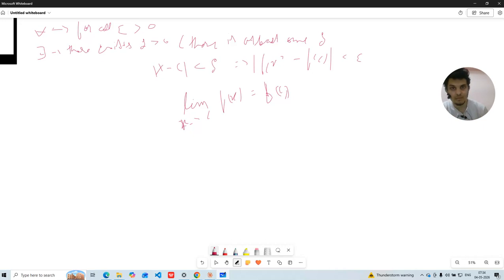So suppose I have a set X belonging to R. If f is continuous at each point x belonging to capital X. Okay, now let's get on to some theorems.